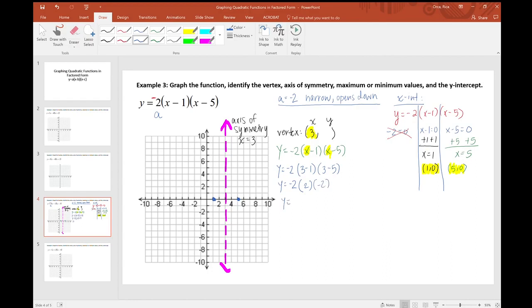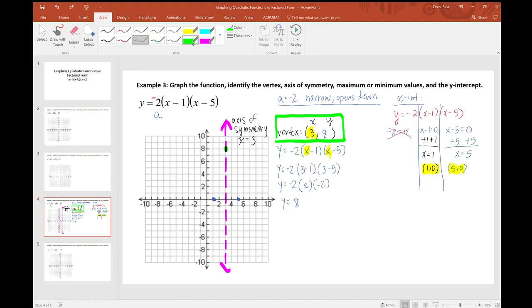So -2 times 2 is -4, and -4 times -2 is +8. So my vertex is at 3, 8. The y value is 8, so the y coordinate is 8.